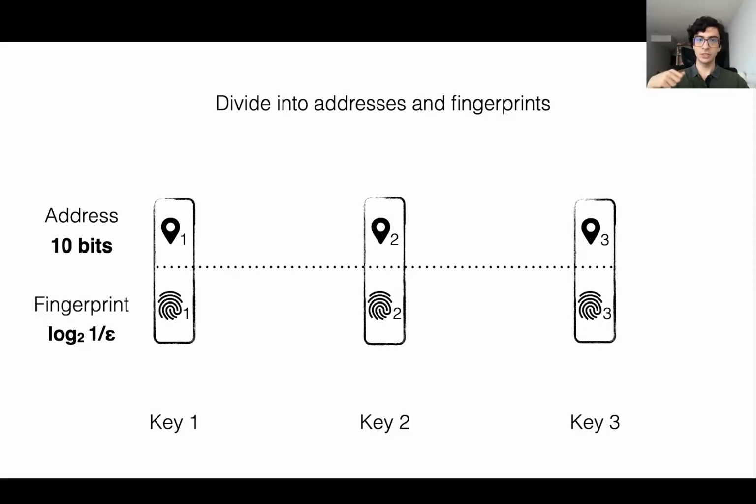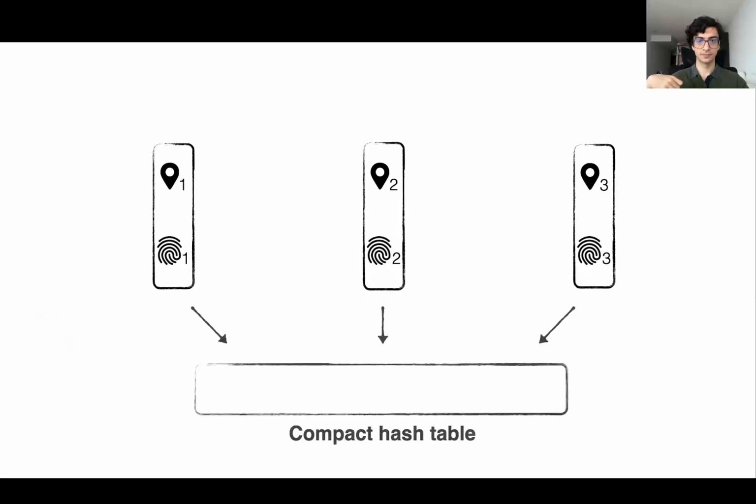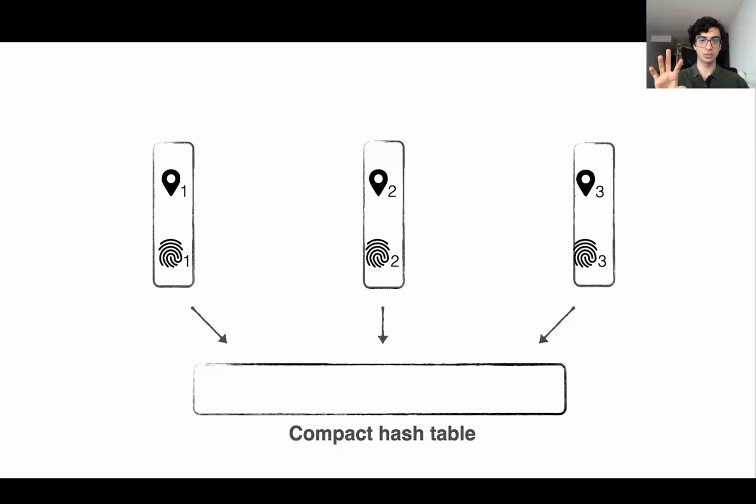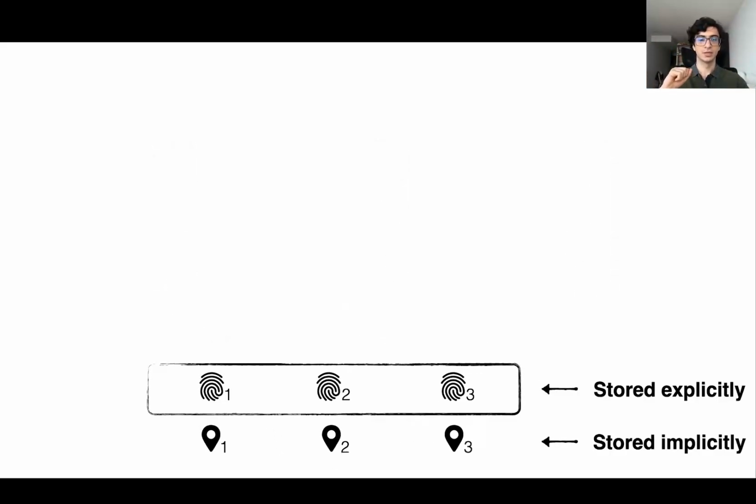And you can think of each fingerprint as being log of 1 over epsilon bits long to guarantee a false positive rate of epsilon. Okay? So the only thing that we have to do is simply store each fingerprint in the slot indicated by its address. In doing so, we're storing the fingerprints explicitly while storing the addresses implicitly because we know the addresses based on the location of the fingerprints within the hash table.